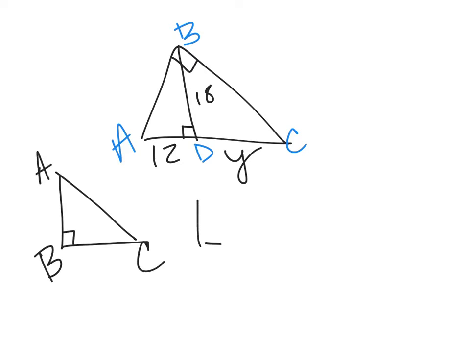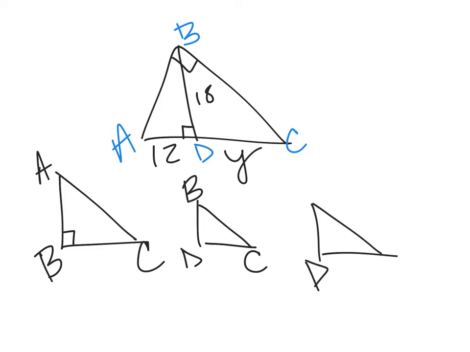I know my right angle's D, and C has to correspond with C, which means this has to be B. Yes, maybe we are right. And again, the right angle's D, and A has to correspond with A, so that must be B.